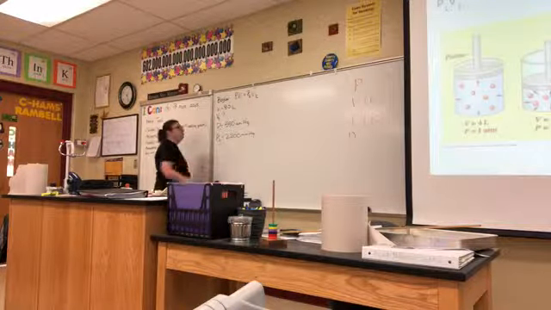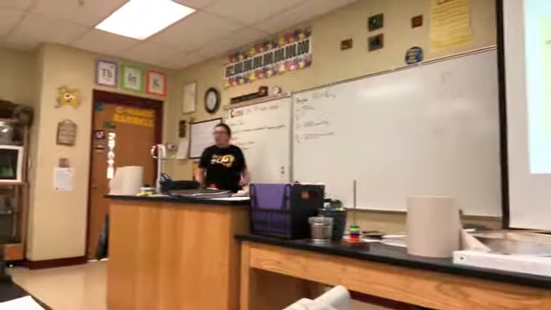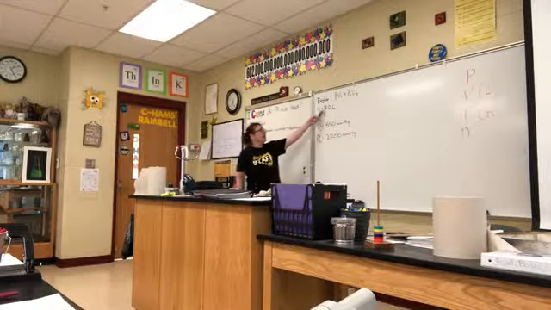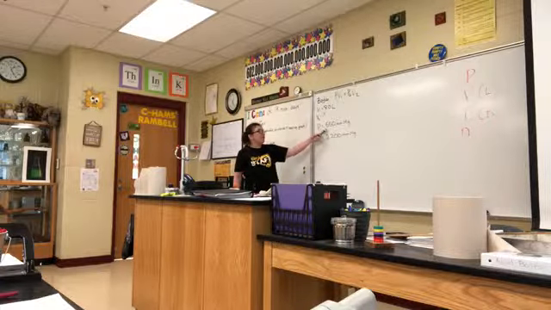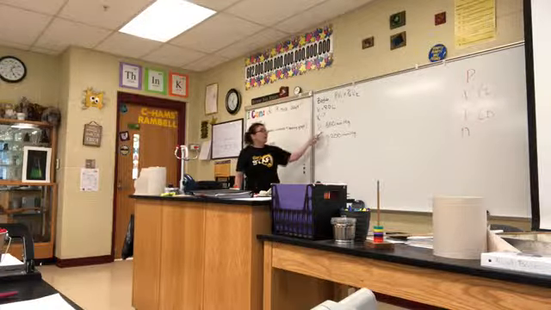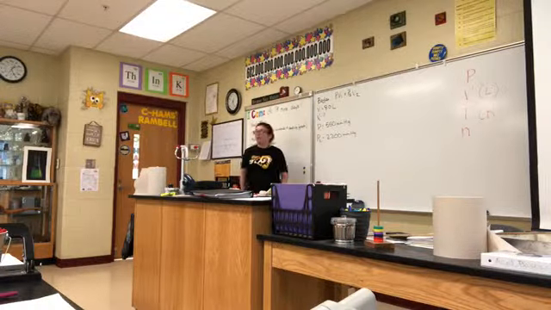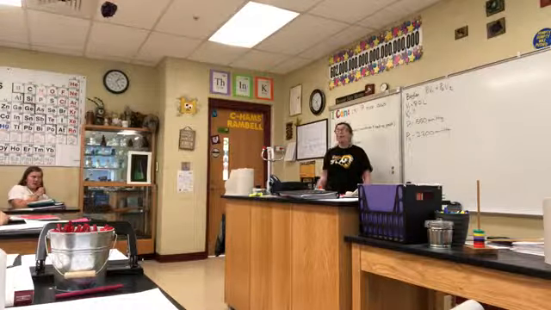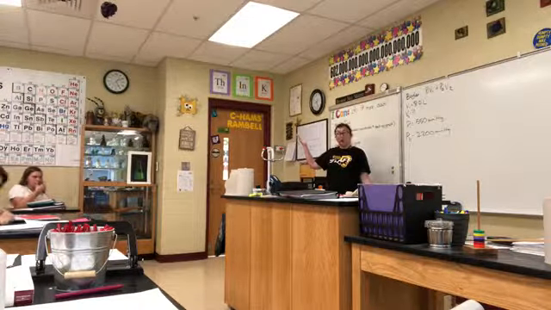So what will my new volume be? We'll kind of predict first. My volume starts off with 8. My pressure goes from 550 up to 2200. So my pressure is increasing. What should my volume do? Decrease. When one goes up, the other goes down.